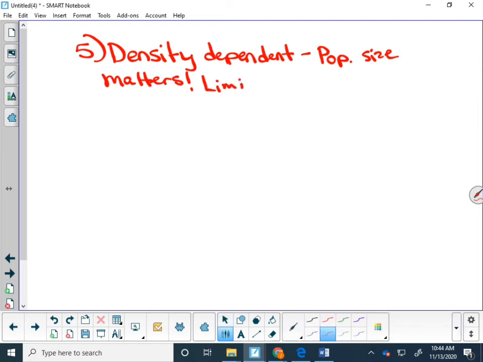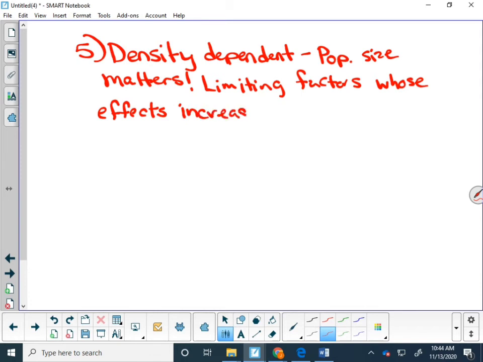Okay, for our definition, these are factors that increase in effect as the population size increases. In other words, these are factors that will be more limiting on the population as the population size grows. And you should have recorded some of those examples during the video.